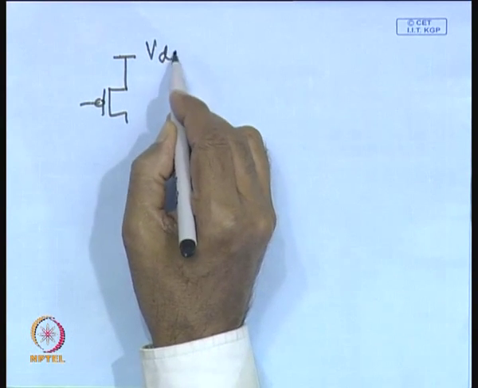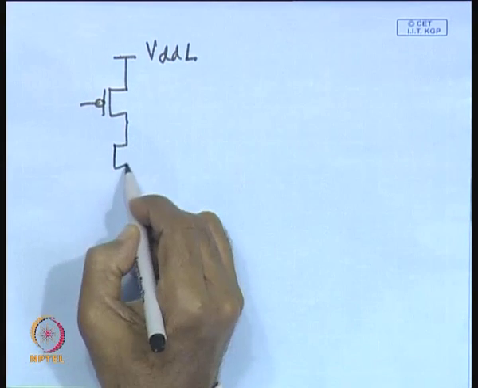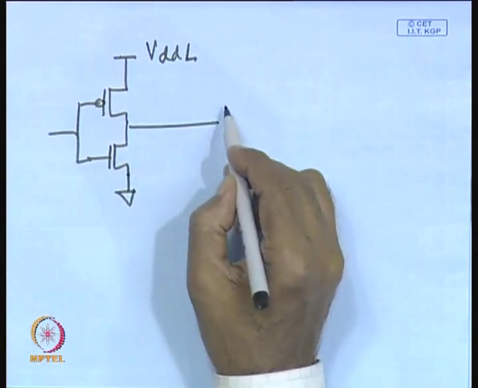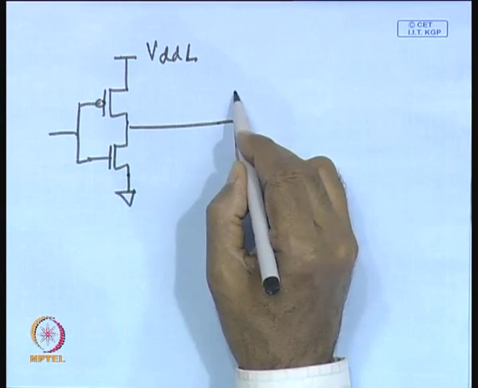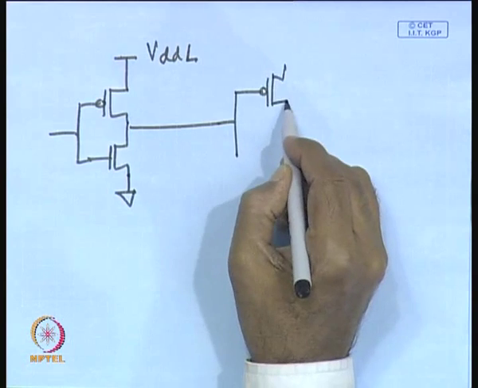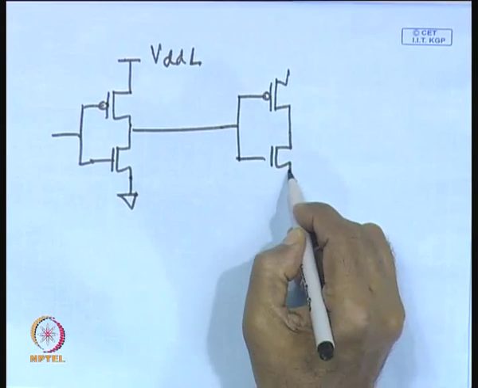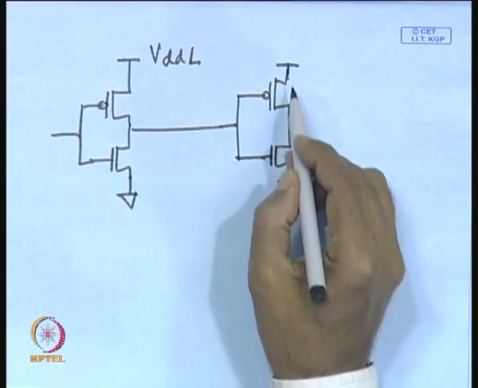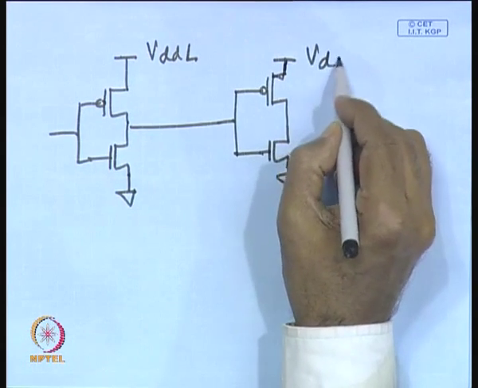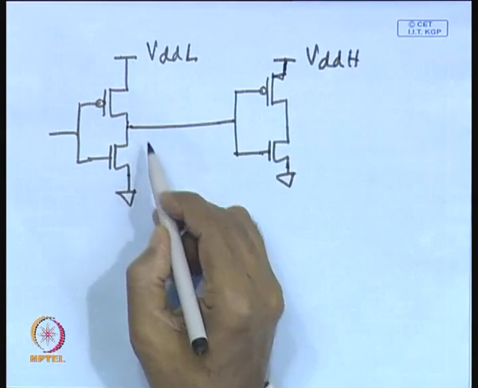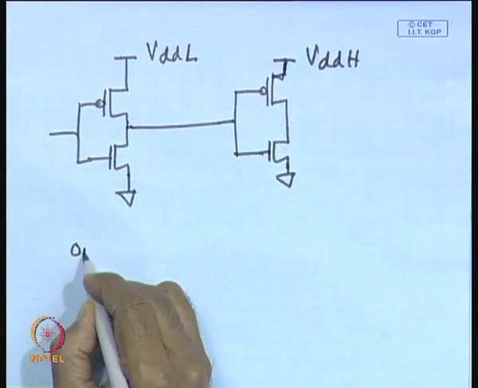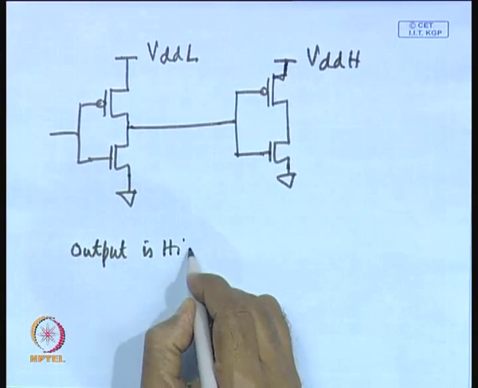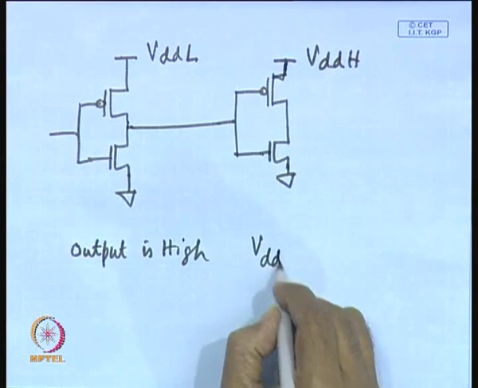It is operating at a lower voltage VDDL, and the signal from this inverter is going to another inverter operating at the higher voltage domain VDDH. What kind of problem can you face in this case? The most serious problem is that whenever the output of this first stage is high, it produces a voltage VDDL.